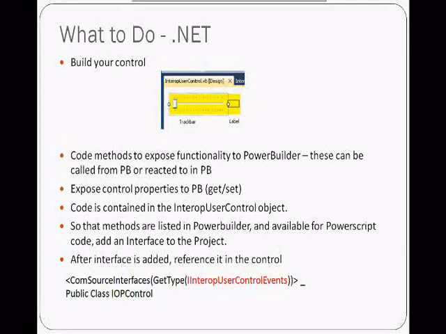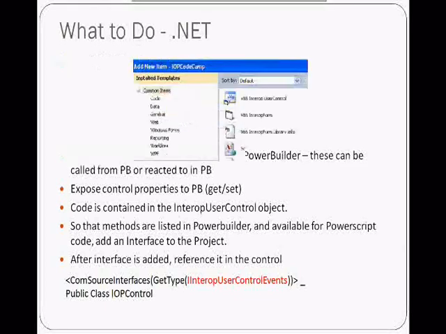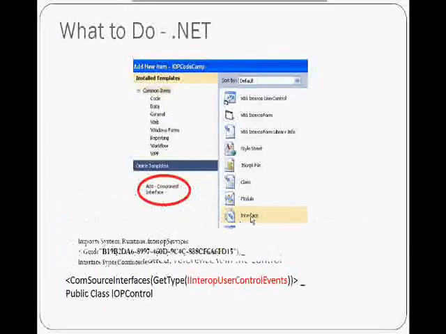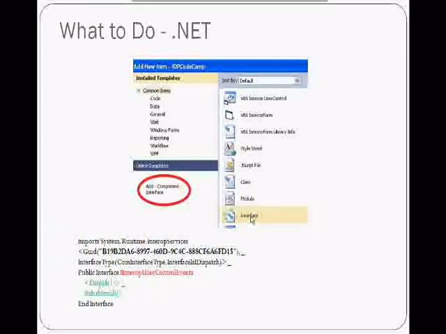And I'll run a little sample. So here's setting up my interface. There's my project, and I add a new item to my project, and the little red oval is around how you do this.